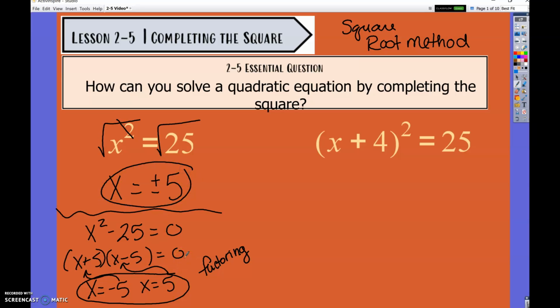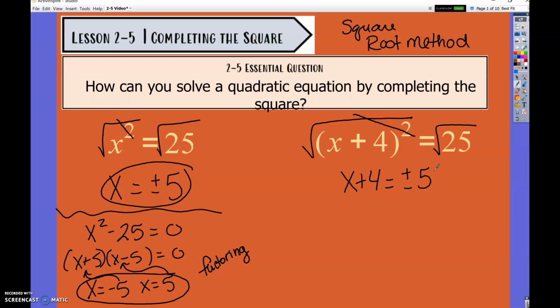So another example here, x plus 4 squared equals 25. Just because this isn't x alone, we can still use the square root operation to take the square root of it, and square root and squared would cancel. We'd have x plus 4 equals the square root of 25, which, just like on the last problem, we would know is plus or minus 5.